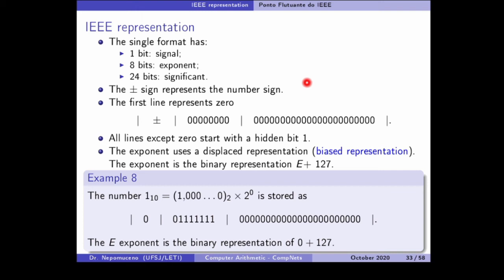The exponent uses a biased representation. The exponent is the binary representation of e plus 127. So the number 1 in base 10 is represented like that. So, in normalized form, we have 0 here.